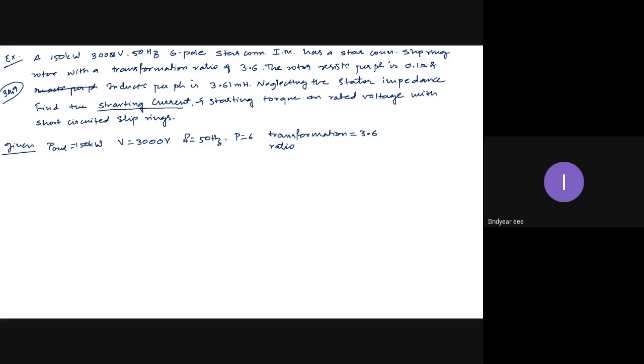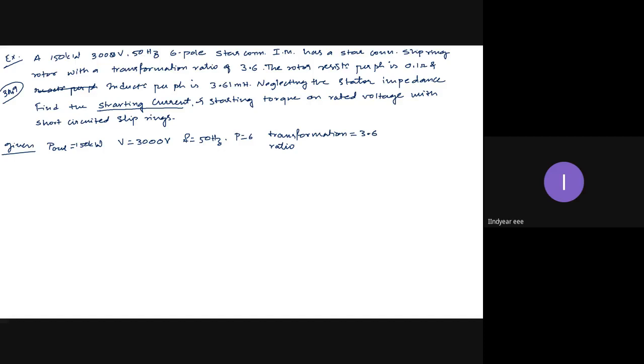While finding the transformation ratio, in transformers it was always secondary to primary. When you said transformation ratio, it was the ratio of secondary turns to primary turns or secondary voltage to primary voltage. But here keep one thing in mind.